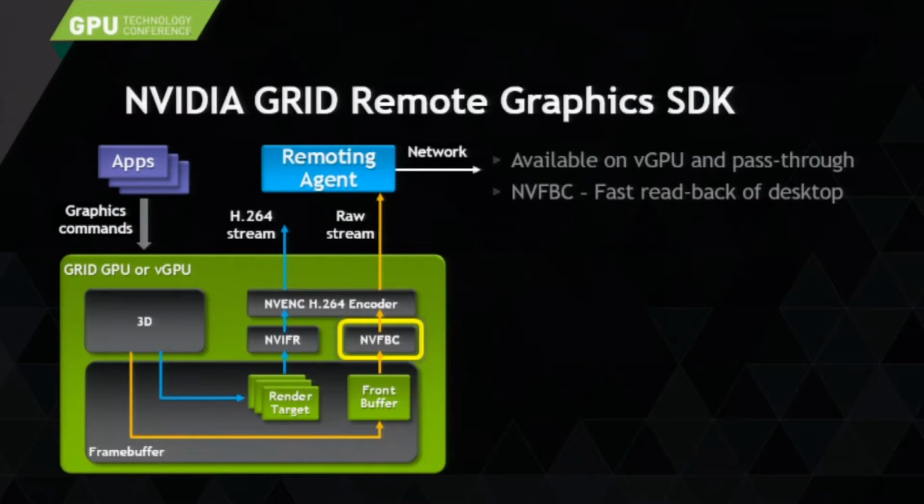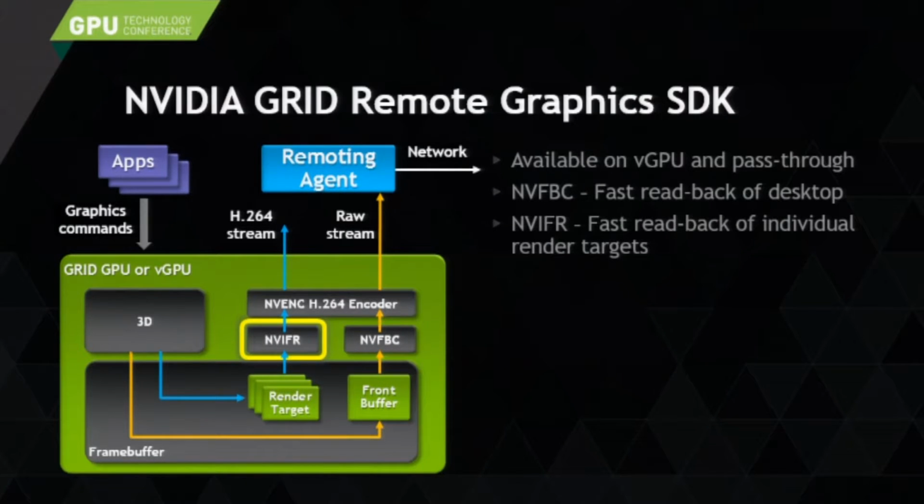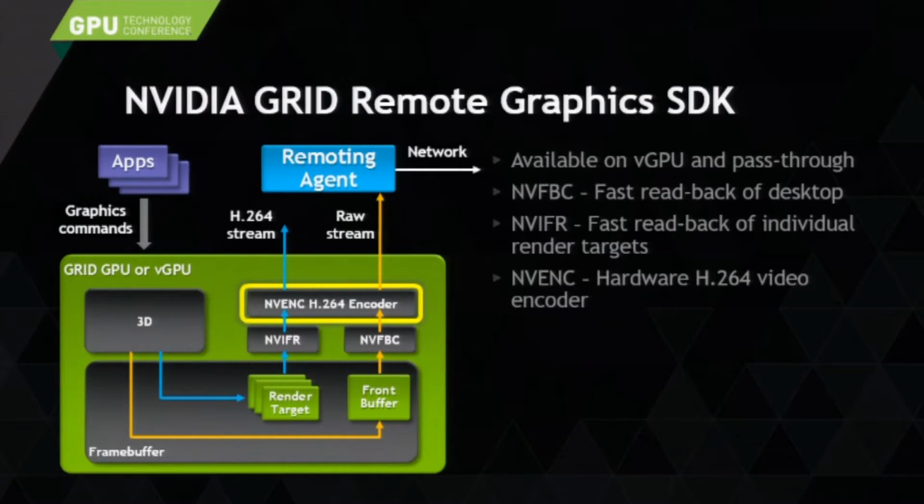With either API, the graphics content is delivered directly to the system memory over PCI Express, either as raw pixels in RGB or YUV, or as an H.264 encoded video stream. The raw pixel feed is intended for use with CPU-based encoders, such as HDX 3D Pro or PCoIP.